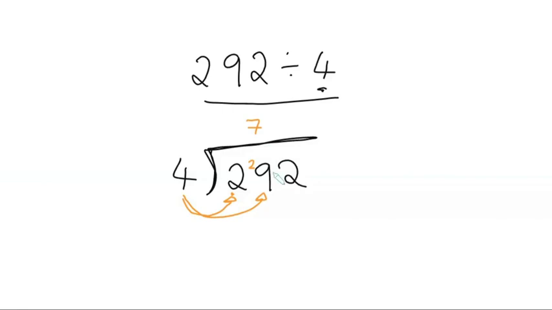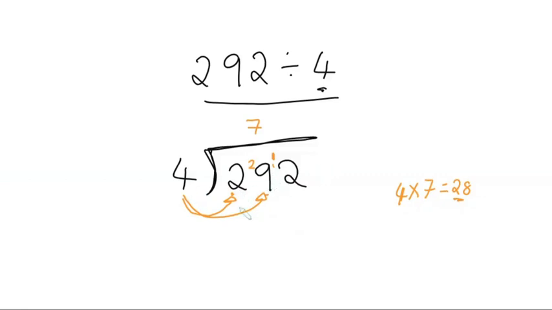We have a remainder of 1, because we know that 4 times 7 is 28. Because we didn't quite get to 29, do you see the difference? 28, 29, there's a remainder of 1.